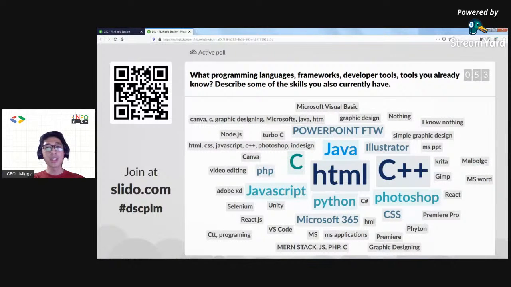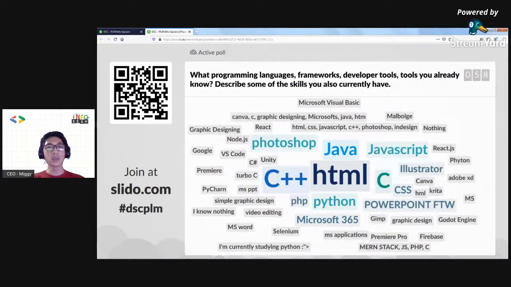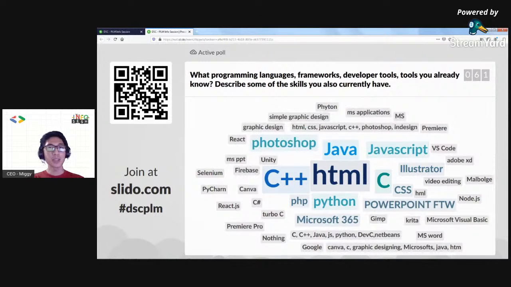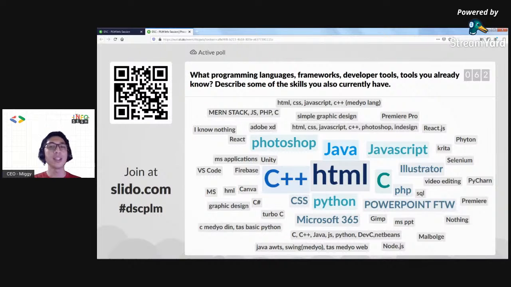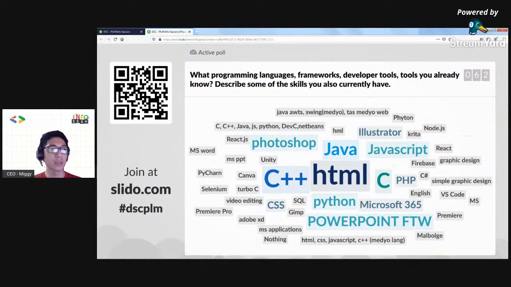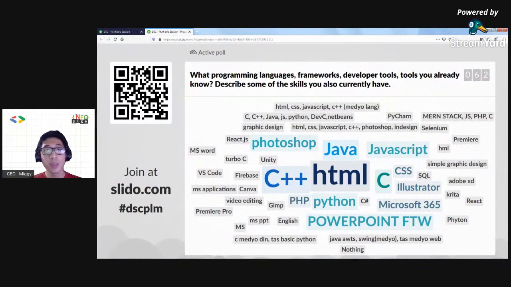Yeah, nothing, we see nothing. Well, it's fine. We really understand if you don't have that skill yet. But so far it seems that the programming languages really invade our word cloud for today, with HTML being in the middle, which means everyone seems to be voting for that word.